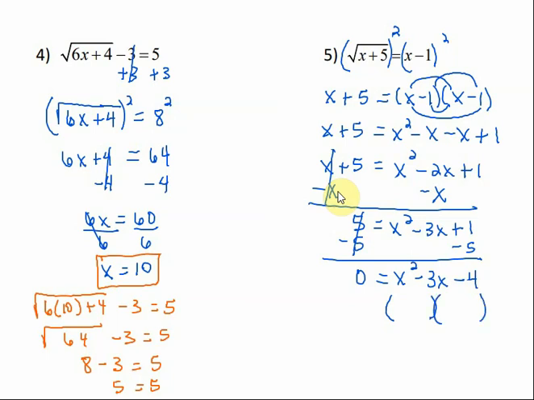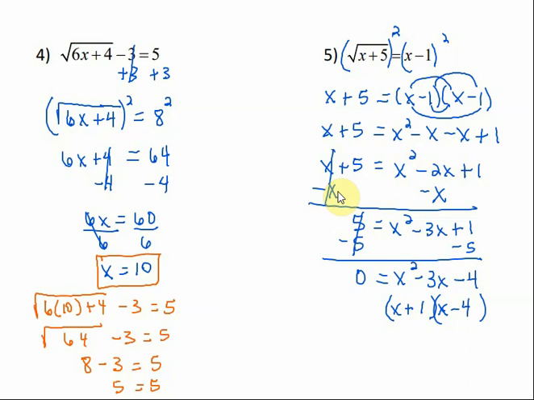This is a trinomial. Trinomials factor into two binomials. The things that would multiply to give me x squared would be x and x. This sign tells me that my signs are going to be different. And so I need the factors of 4 that would subtract to give me 3, which would be 4 and 1. And then this tells me the sign of the bigger number. So 4 would go here and 1 would go here.